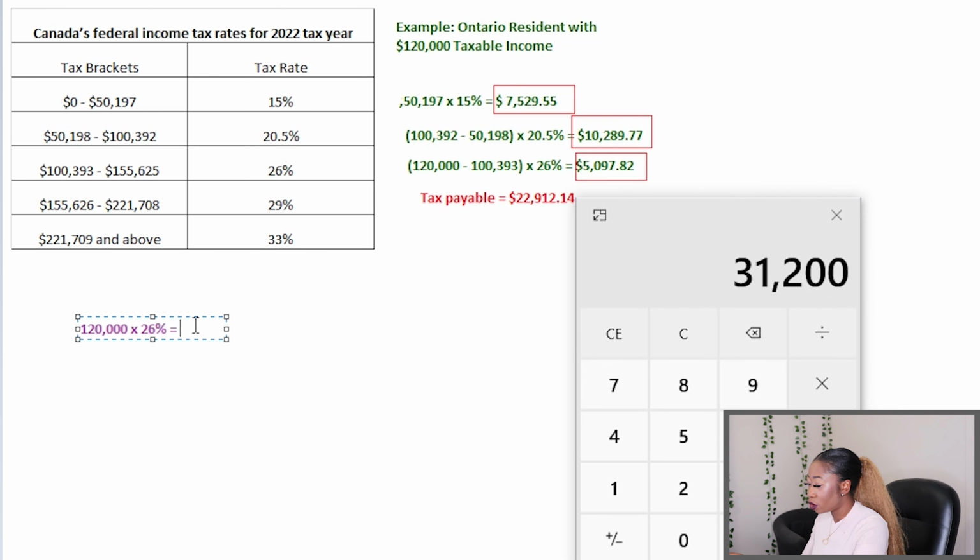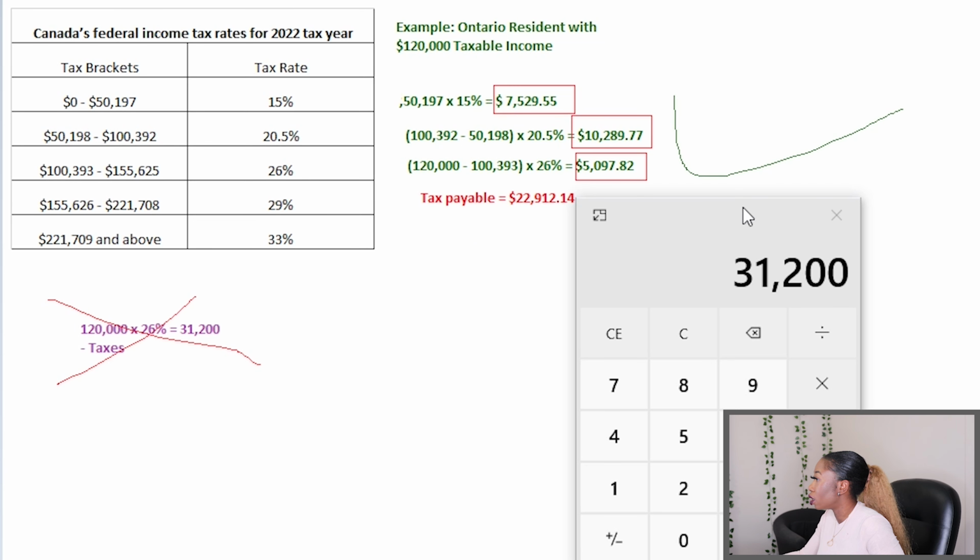And this would make you seem to have a higher tax payable, which is incorrect. This is completely incorrect. So for most people that assume these calculations, it is completely wrong. This is the correct way to go about this calculation.